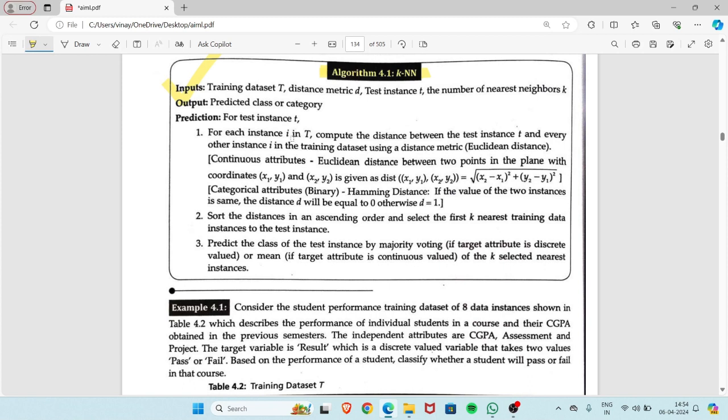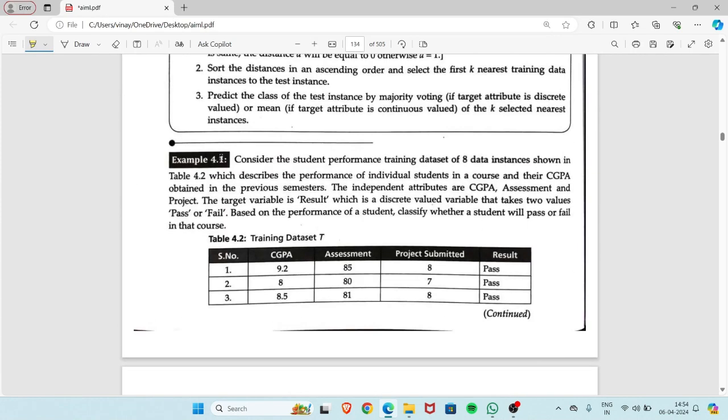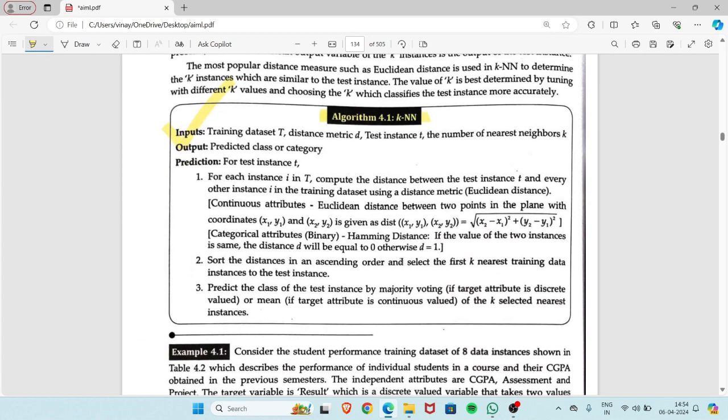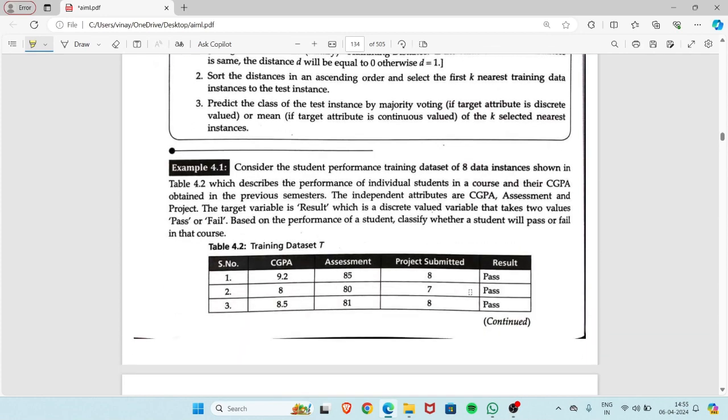So first, what is the input you can take? You are given the data set. Along with the data set, the training data set will be given. One test instance will be given to you along with this training data set, and for that you have to find the Euclidean distance.